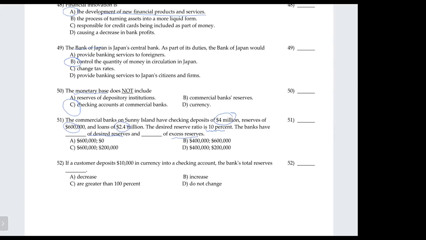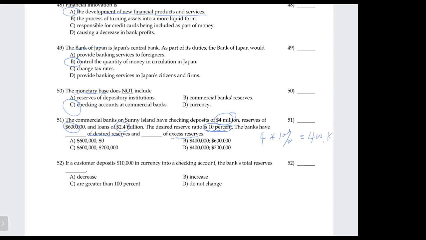Now to answer that question, first of all, find out what the required reserve is. So the required reserve should be 4 million times 10%, which equals 400,000.